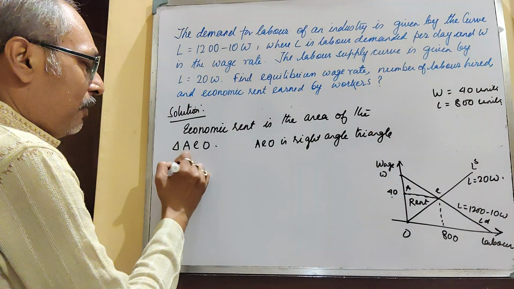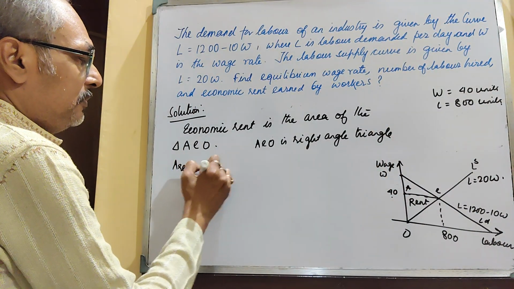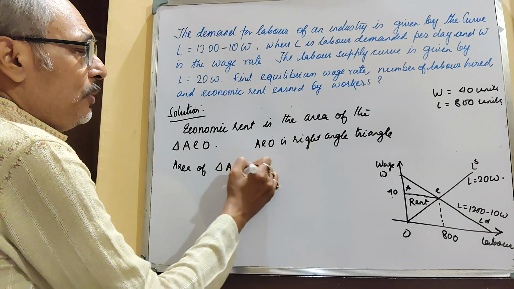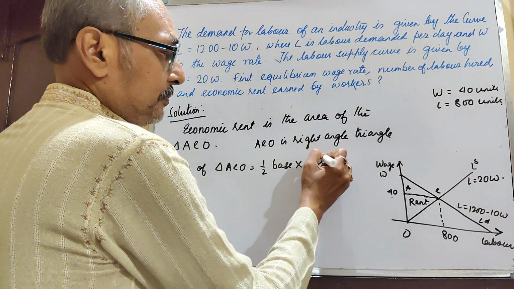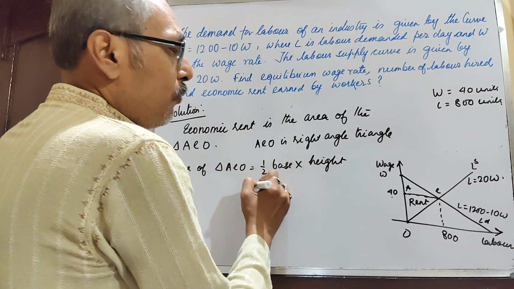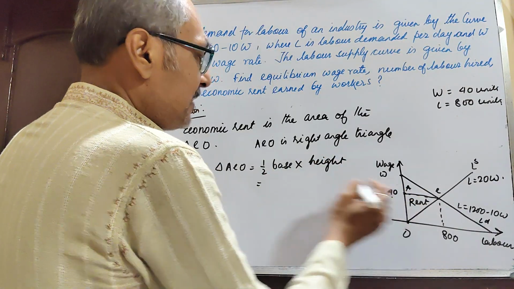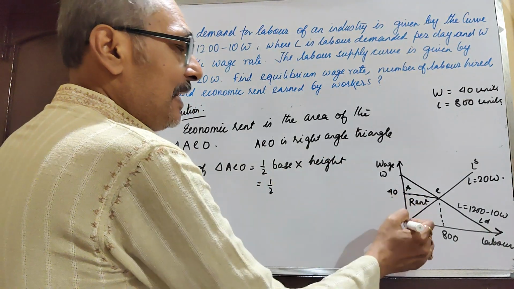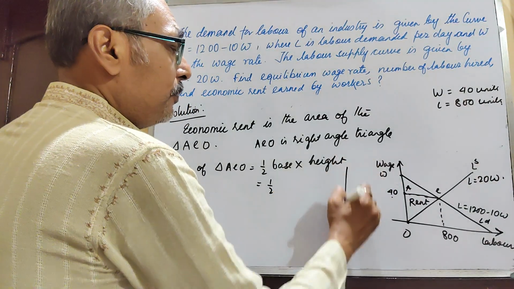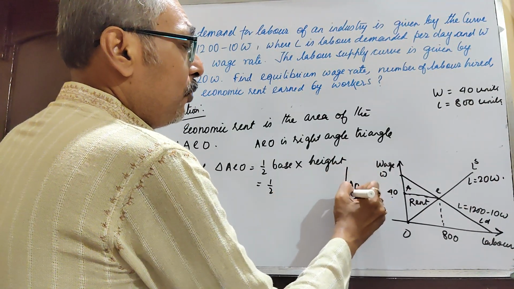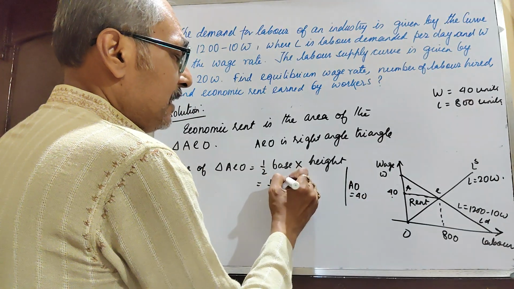Therefore area of AEO is half base into height. What is the base? Base is AO. AO is 40.